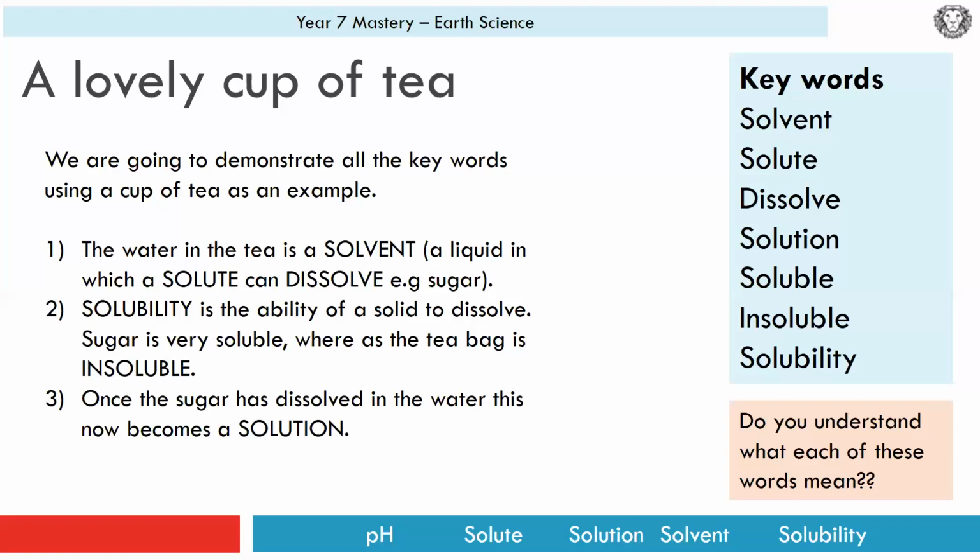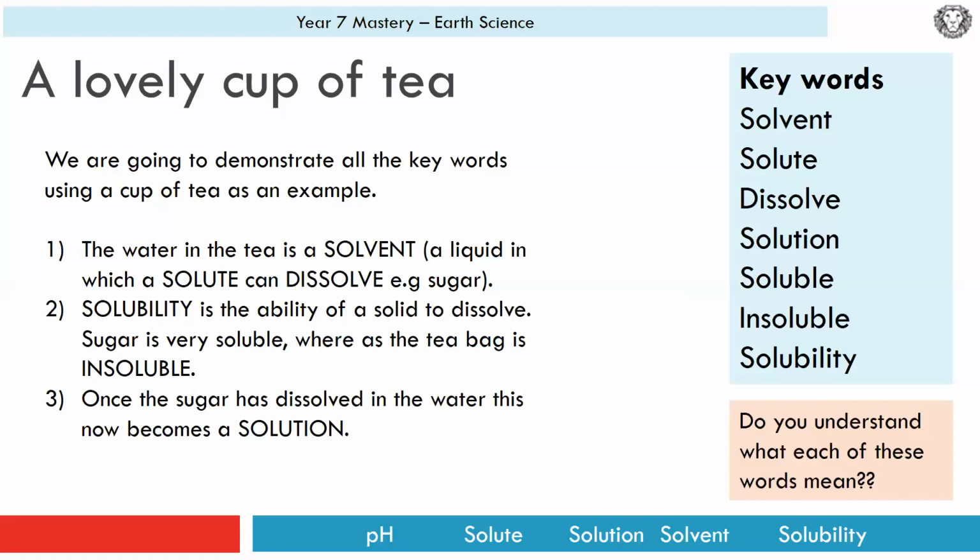What I would suggest is that you have a look at the keywords, rewind the video if you need to, but for you to now take 5 minutes to write a definition for each one of these keywords, because it's really important that you understand them.